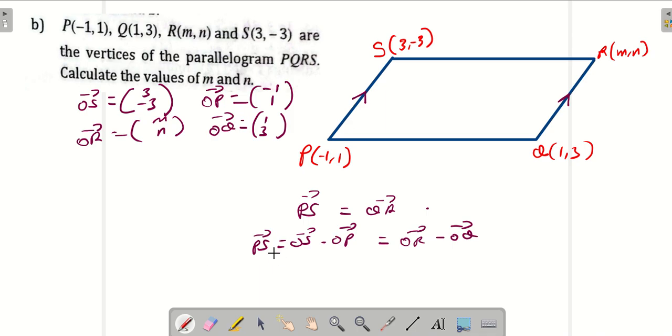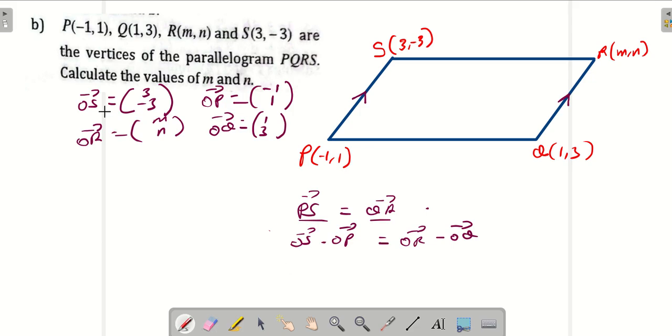Now we can do the substitution. Remember that we said PS is equal to QR. But PS is the same as OS minus OP. So let's just do the substitution.